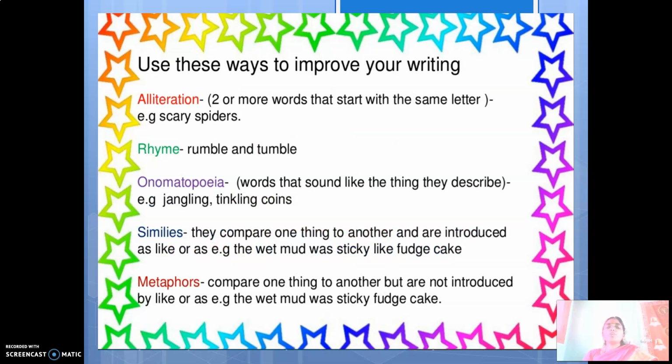Use these ways to improve your writing. See, all these are grammatical terms: alliteration, rhyme, onomatopoeia, similes, metaphors. So, alliteration, the same letter, same words will appear again and again.